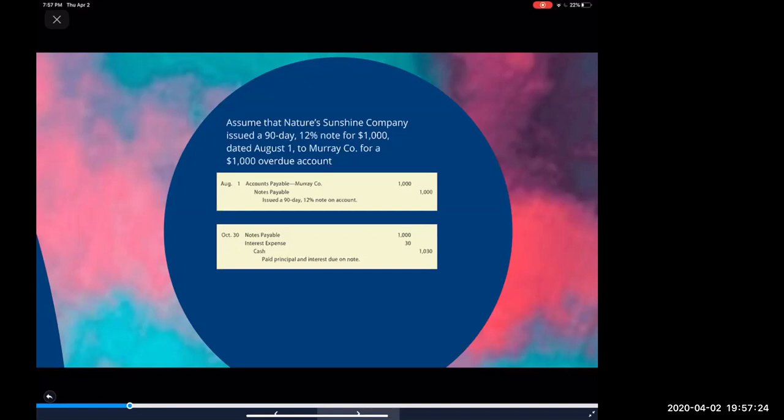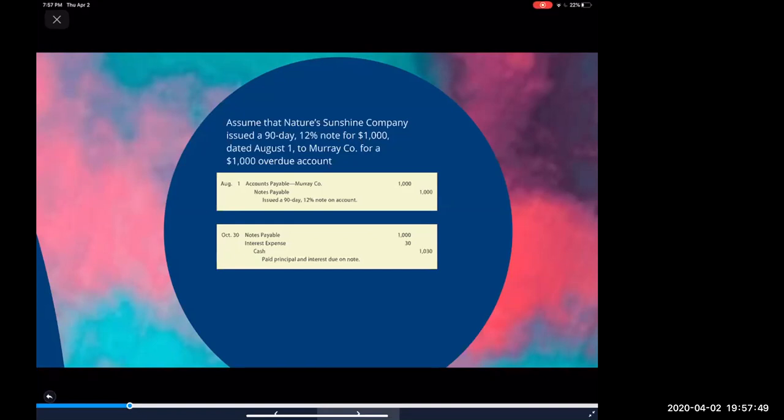In layman's terms, or as I like to say it, they're saying, oh, my bad, I'm sorry I didn't pay you within the 30 days. If you give me another 90 days, I promise to pay you what I owe you plus interest.